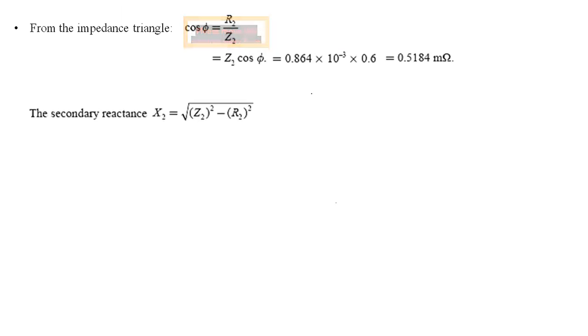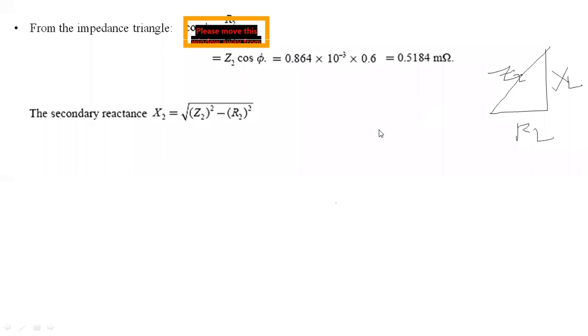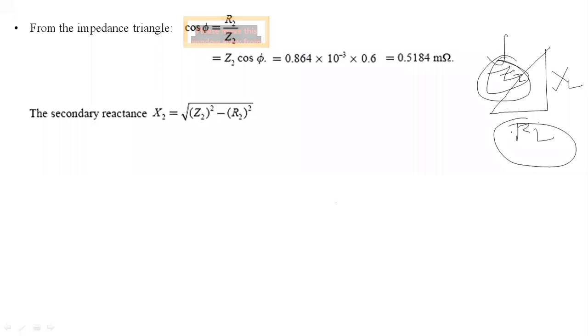From this impedance triangle, we can calculate the secondary reactance. Here let me draw the triangle Z2, R2 and X2. From the same formula, hypotenuse square is equal to side square plus side square. In the previous step you calculated R2 and Z2, so we know two values and there is no difficulty in finding the third.